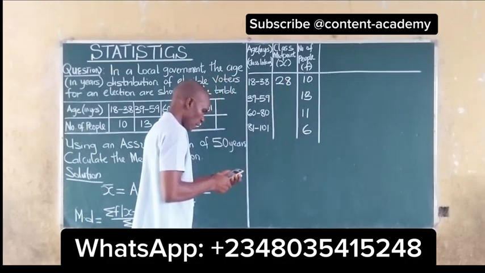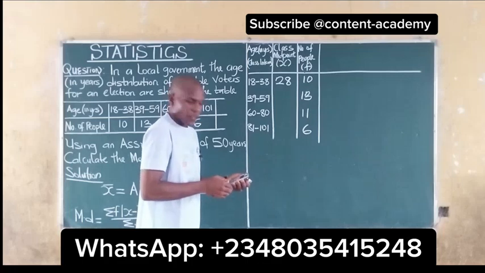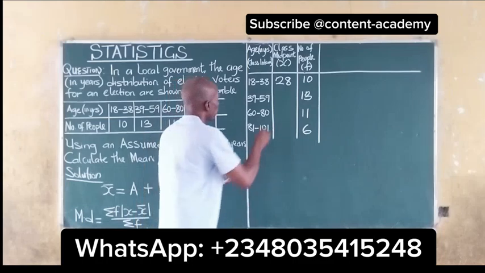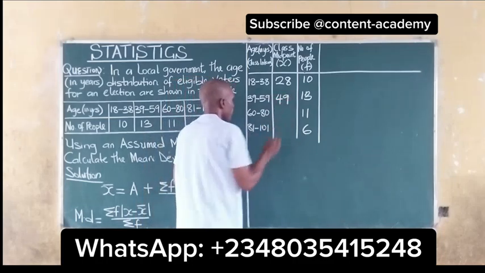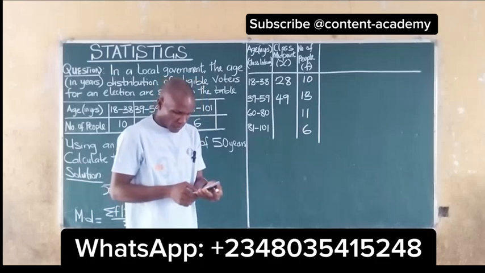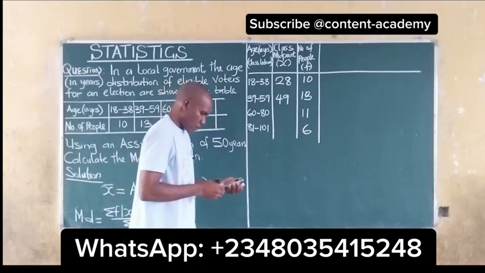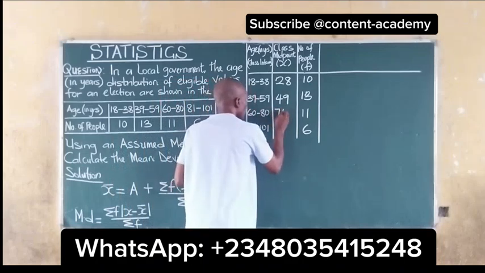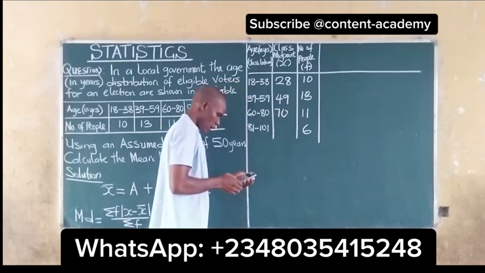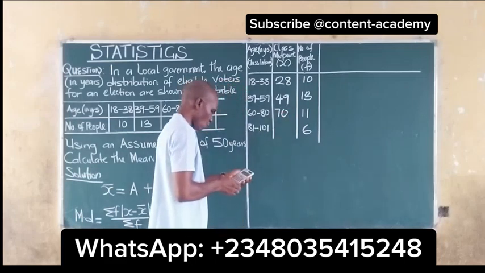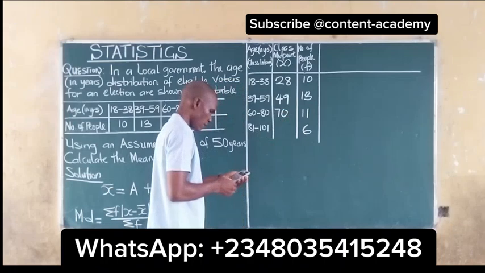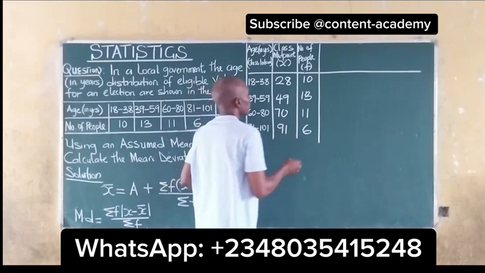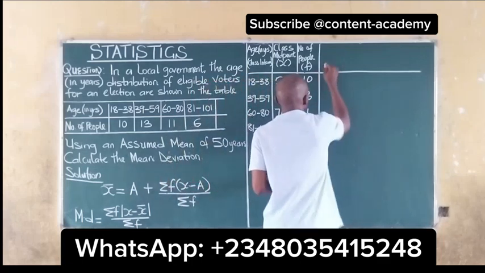Now, 39 plus 59 divided by 2 gives 49. The next one is 60 plus 80 divided by 2, which is 70. And 81 plus 101 divided by 2 gives 91.